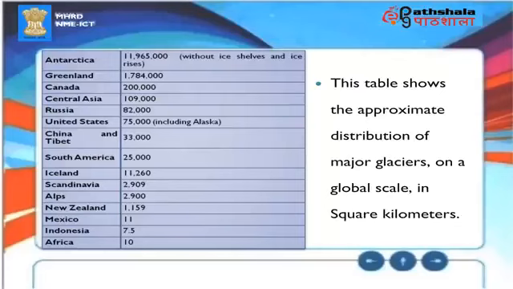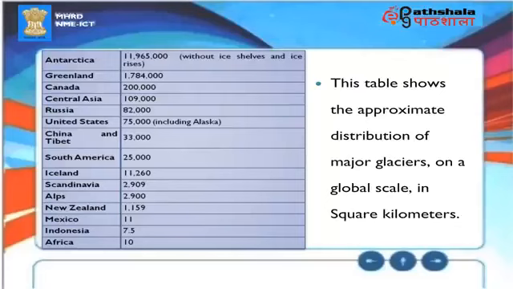Central Asia has 0.109 million square kilometers. Russia has 82,000 square kilometers. The United States, including Alaska, has 75,000 square kilometers. China and Tibet have 33,000 square kilometers.